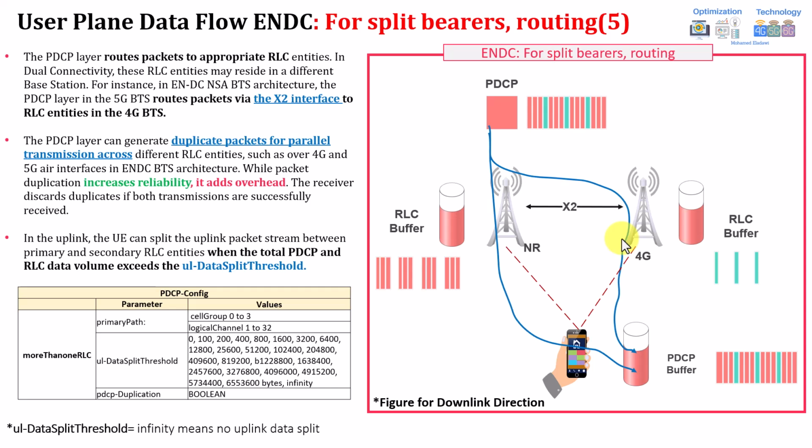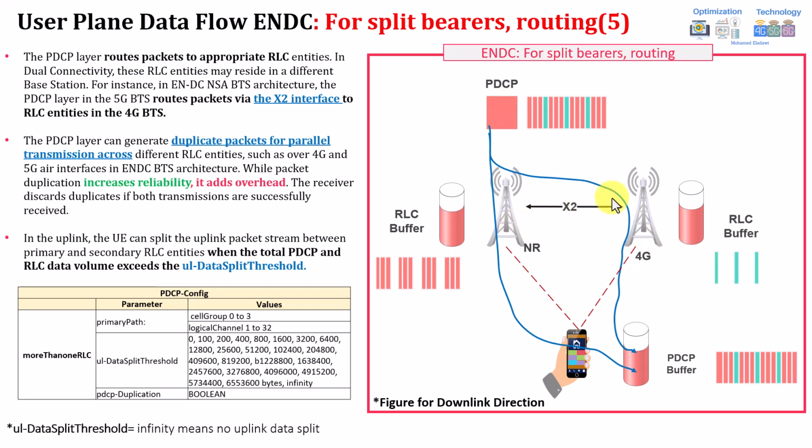Why is this important to understand? Because sometimes this can impact reordering. I will be explaining this part also in the next slides. But if you have reordering of packets at the receiver, the PDCP receiver here will be waiting for packets from 2 legs, right? So assume that there is a high delay in the 4G leg because, for example, the 4G speed is very low or it has very bad performance.